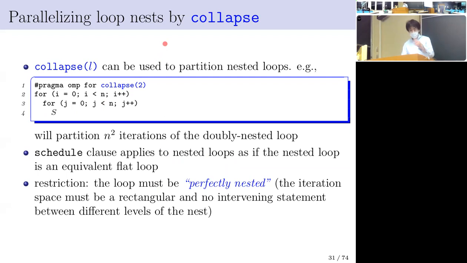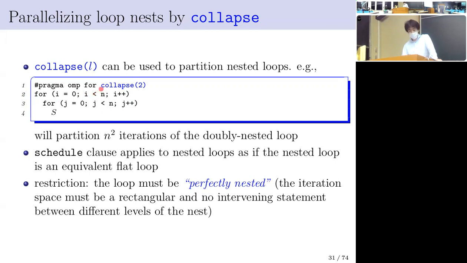Another small point, not a very profound thing but practically useful, is this notion of the collapse clause, which is another clause you can add to the OMP for directive. It is basically saying that you want to divide the work of nested loops that come after this OMP for. For example, when you say OMP for collapse(2), you want to look at these doubly nested loops.